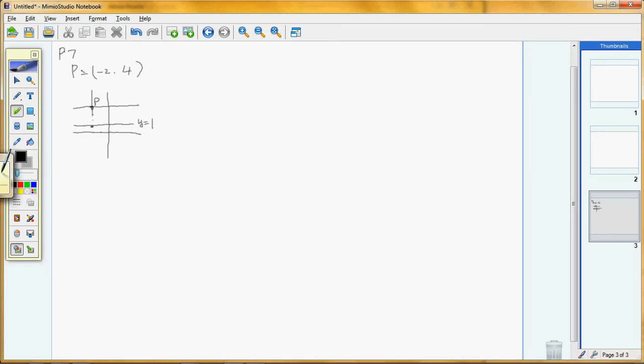Another example of a vertical line: say this is the point (1, 6), and a vertical line passes through that point, then the equation of this line is x equals 1, because if you take any point on this line, all the x values will be 1. So use that idea to say what this equation is. That's problem 7.